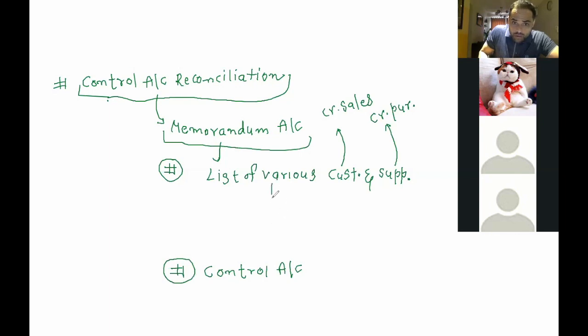When we're gonna reconcile these two different accounts, the list of A, B, C, D, and the combination of A, B, C, D, the balance of A, B, C, D, and the total balance of A, B, C, D, when we're gonna combine it, this is called reconciliation. This is called control accounts reconciliation.